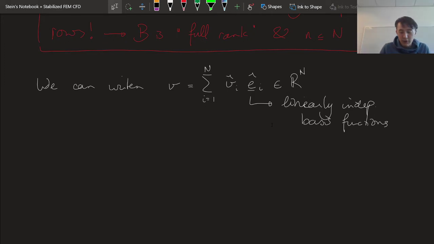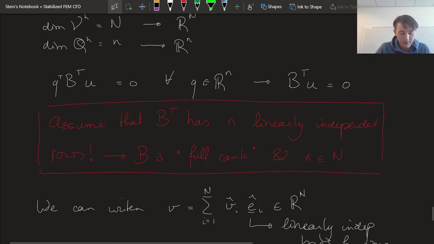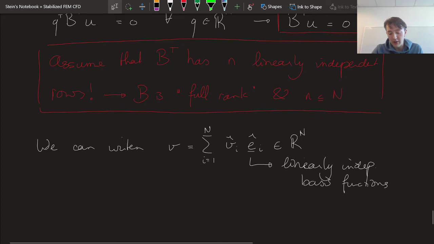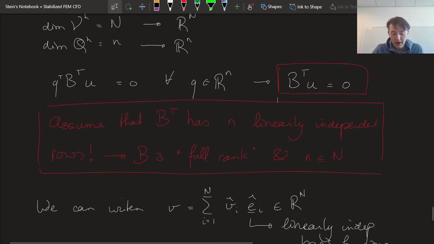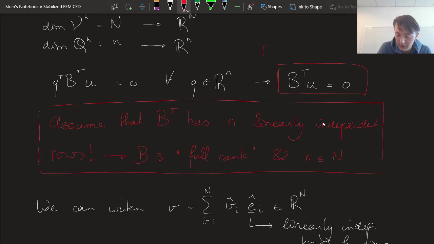Okay, so that means that right now, given this requirement, and given our assumption, that means that our solution U lies in this R n-dimensional space, but also has n constraints. Now remember, this BT times U, it looks like this.